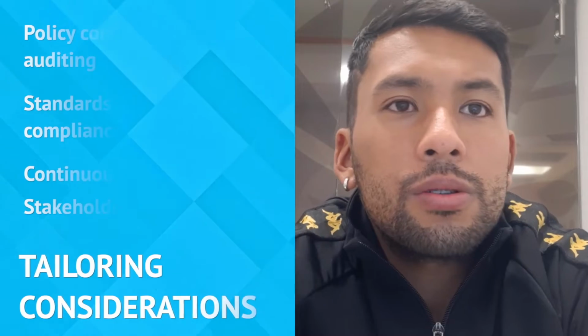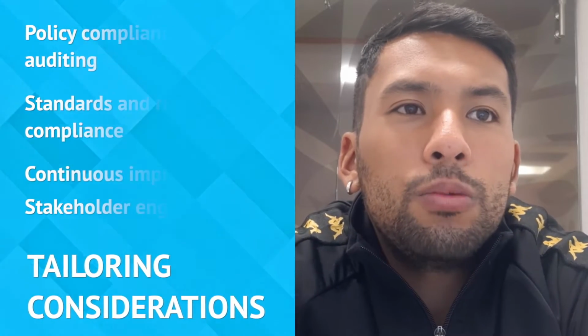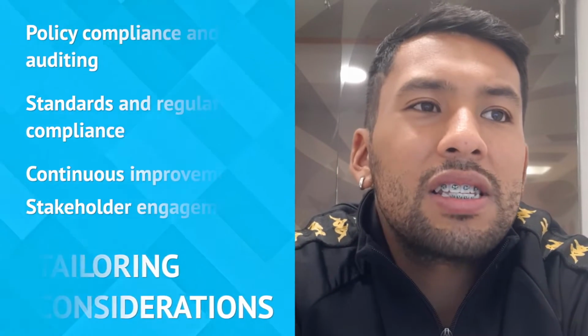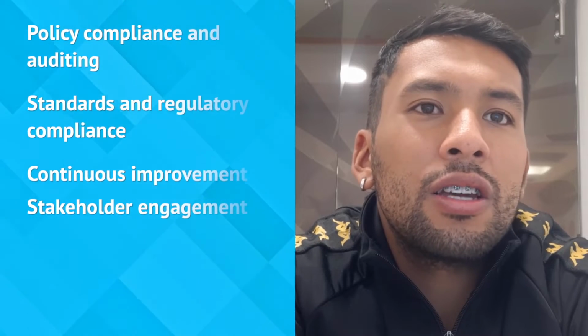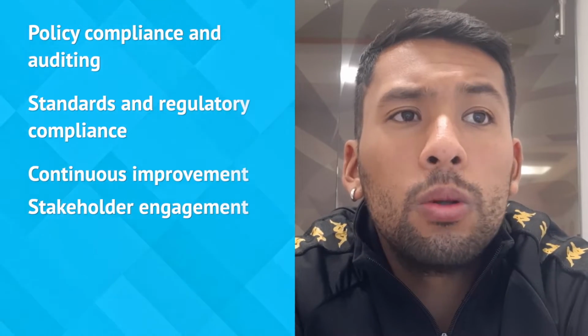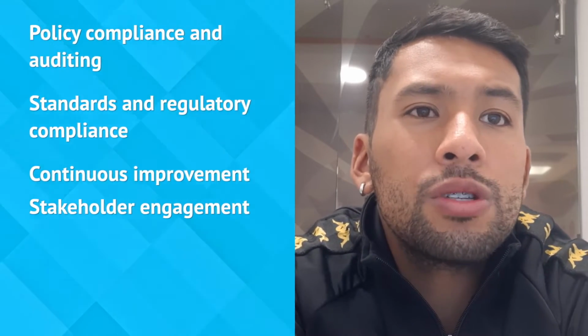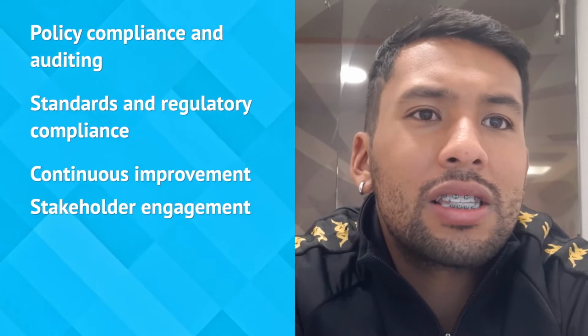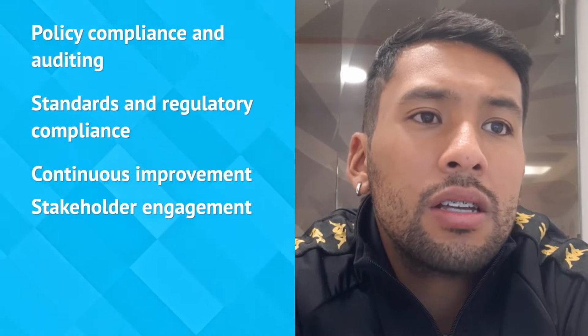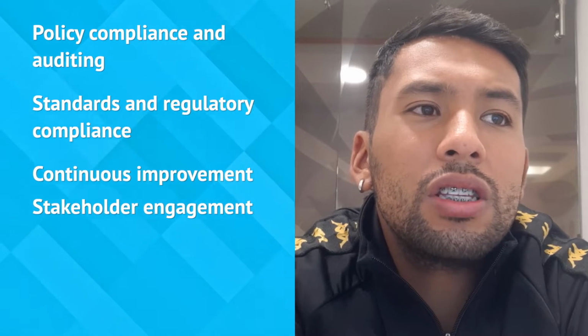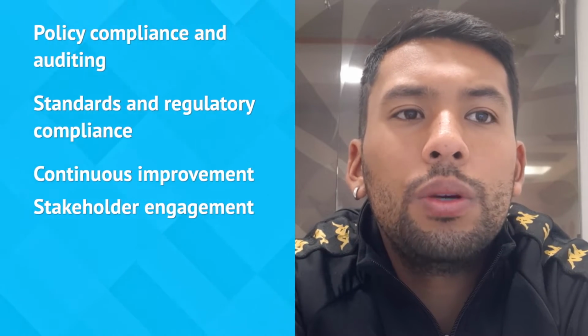Tailoring considerations. Policy compliance and auditing: What quality policies and procedures exist in the organization? What quality tools, techniques, and templates are used in the organization? Standards and regulatory compliance: Are there any specific quality standards in the industry that need to be applied?